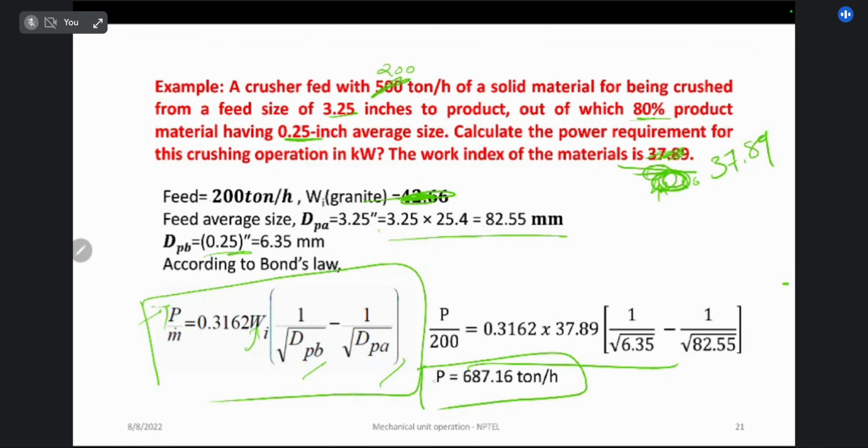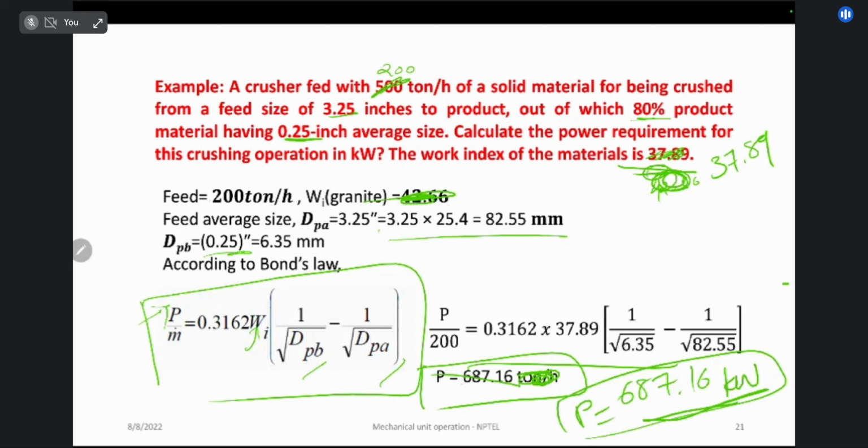Okay, this is the feed. So 687.16 ton per hour. It's not ton per hour, it is 687.16. You should keep in mind that it is a kilowatt. This is a power, not a mass flow rate. So you need to not perform the calculation blindly like I did.